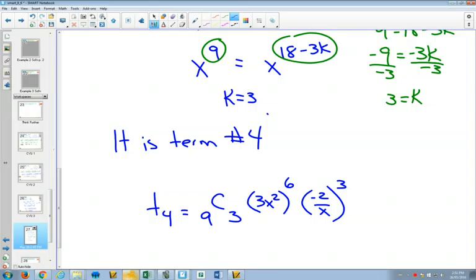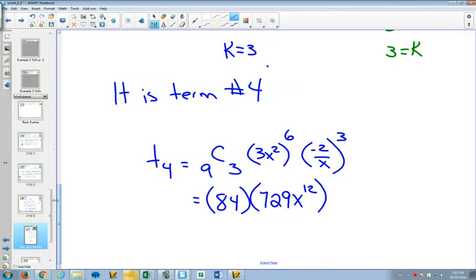Nine choose 3 is 84. 3 to the power of 6 will be 729x to the 12. Again, figure out each of these things separately.